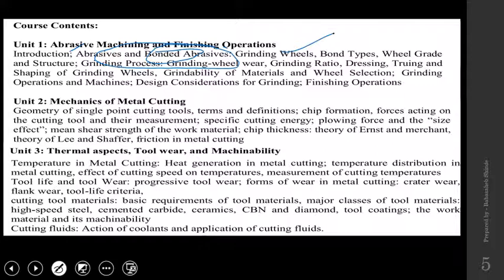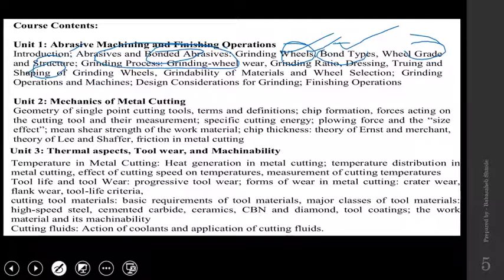Now when you combine those abrasives together to form a wheel, we need to use some material to hold those abrasives together. So the various bonding materials are something we are going to discuss. Then once you have manufactured that grinding wheel, the wheel will be characterized with the help of grade, structure and so on.